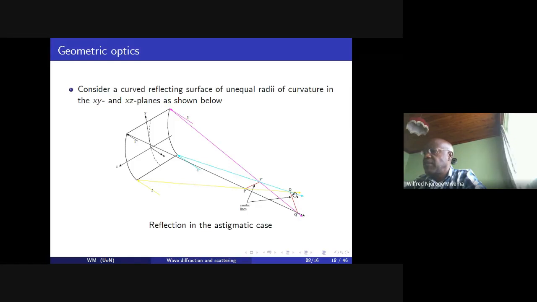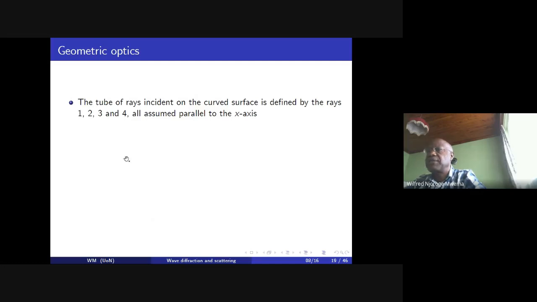The lines connecting Q prime and P prime and Q, where the two rays focus, and P and P prime are usually referred to as caustic lines, or caustics in simple terms. So the tube of rays incident on the curved surface is defined by rays 1, 2, 3, and 4, and we are going to assume that they are all parallel to the x-axis.